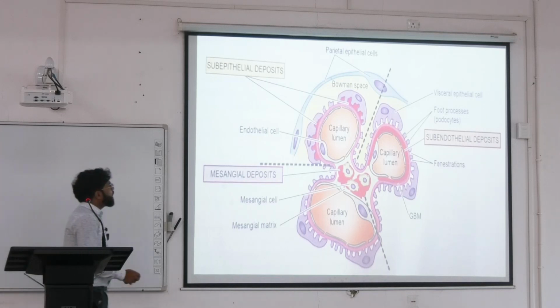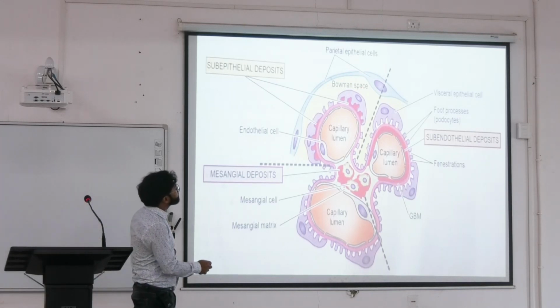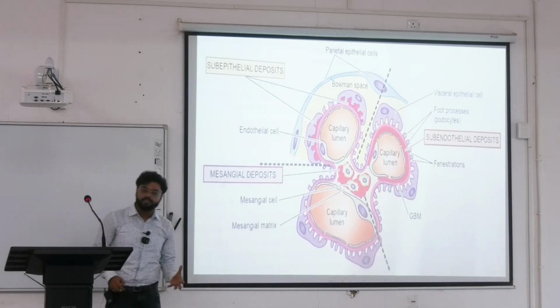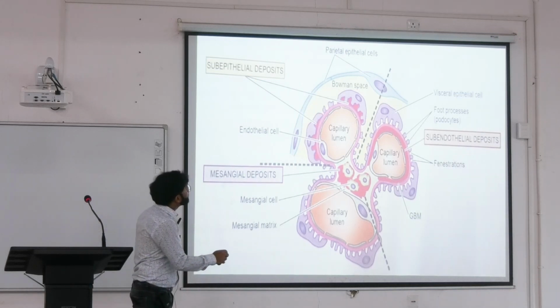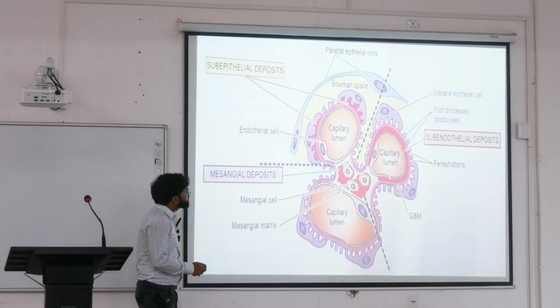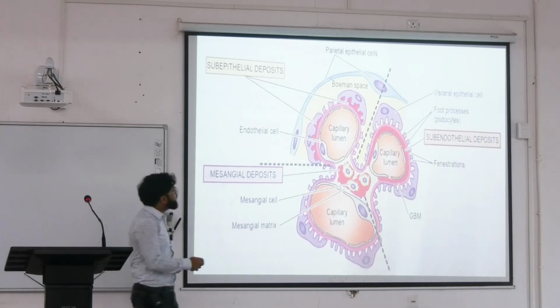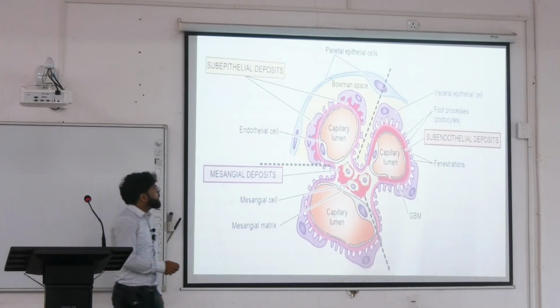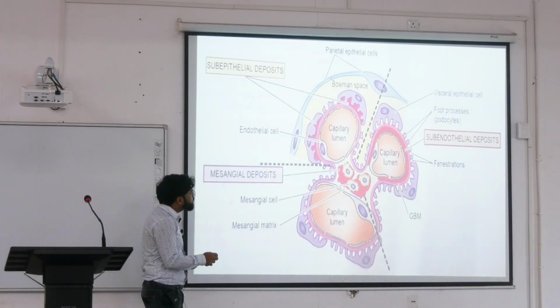And outside, there is a clear space known as Bowman space, and that will be capped by parietal epithelium. So what happens? Within the capillary lumen, there is blood. They are lined by endothelial cells, a single layer of fenestrated endothelium. They have a slit-like process.